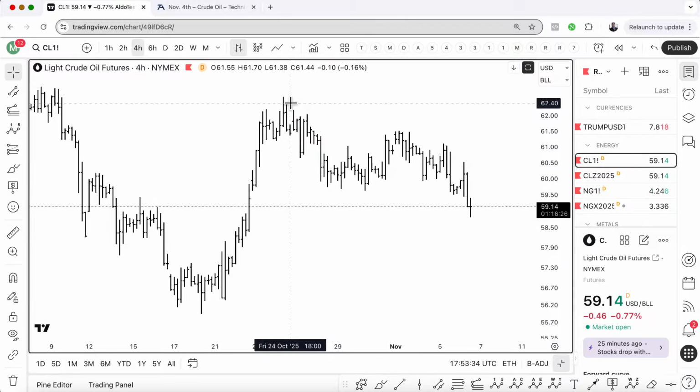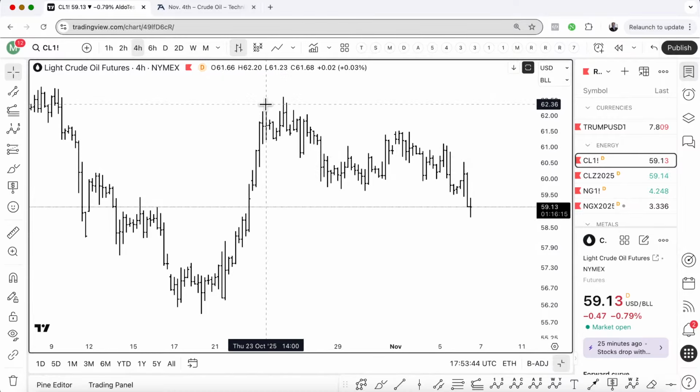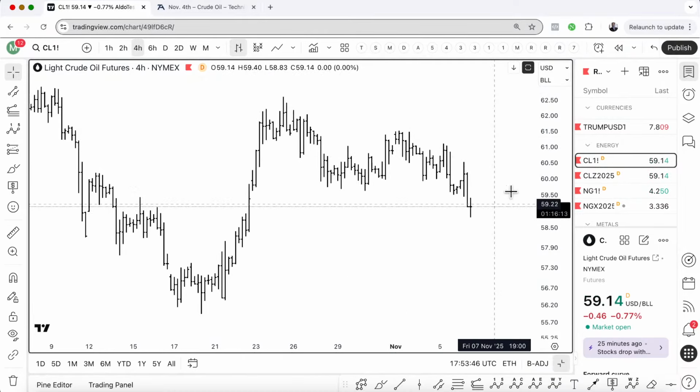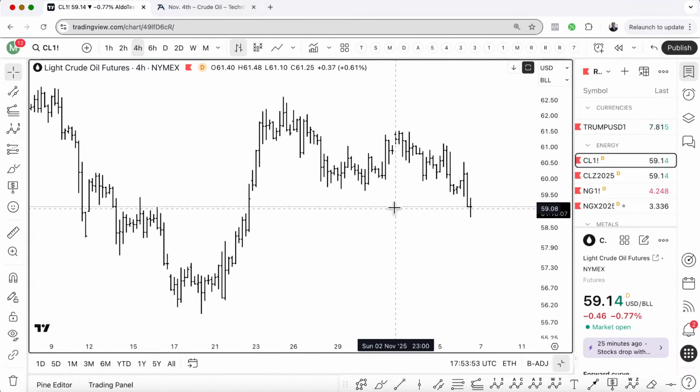So which one is slow? Well, obviously this one. Which one is fast? Well, obviously this one. Which one is thin? Well, obviously this one. Which one is fat? Well, obviously this one. Which one has overlaps? Well, obviously this one. Now, which one can be contained within parallel lines?